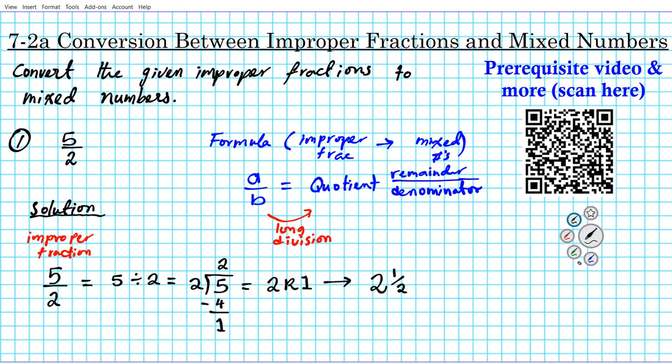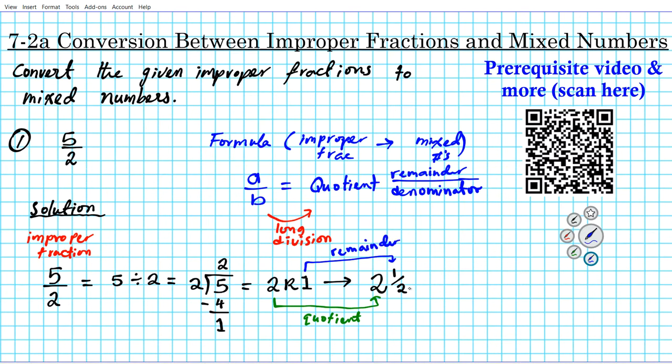Let's specify what's going where. You notice that the quotient from your long division is a whole number. And then the remainder is going to be the numerator of your fractional component, the proper fraction. That's the remainder.